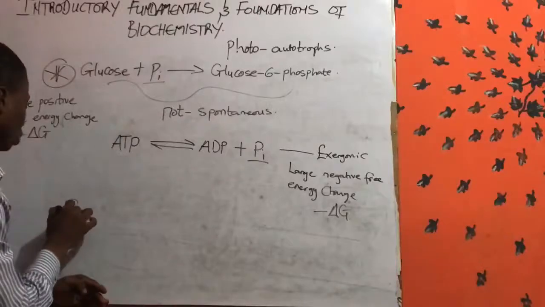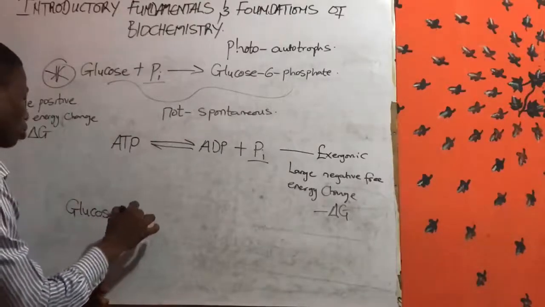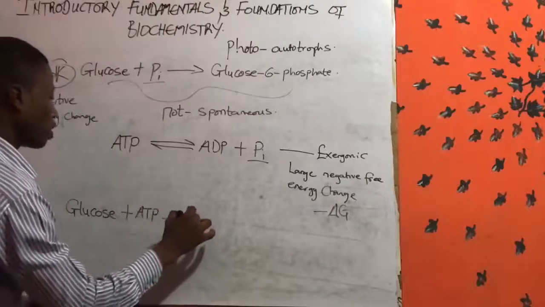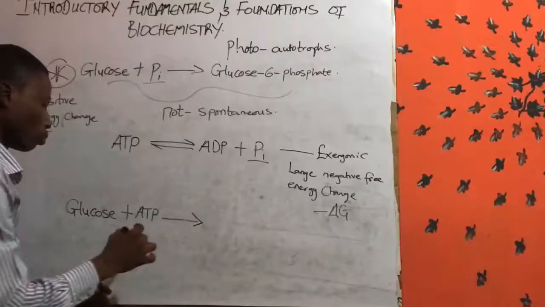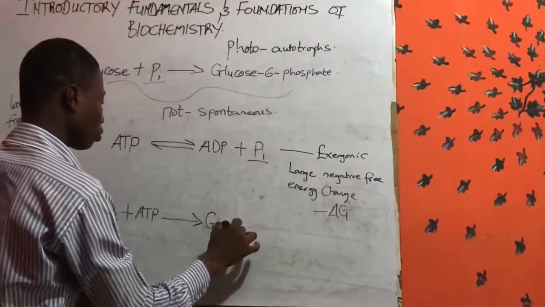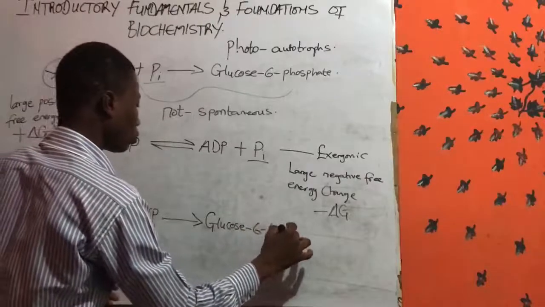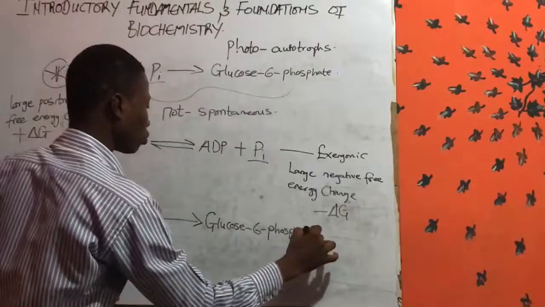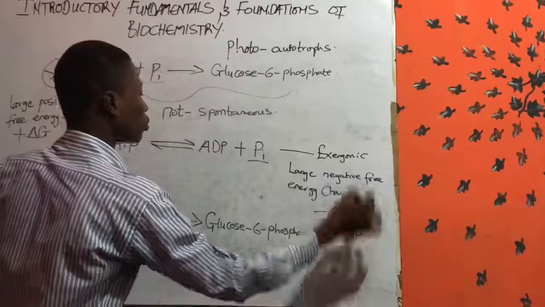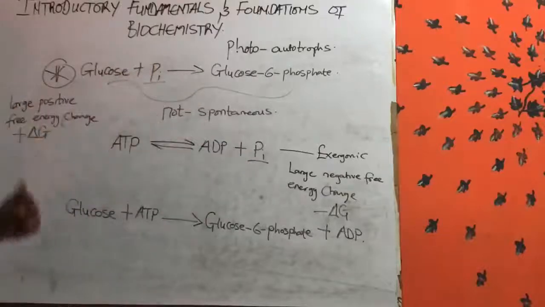I will now have glucose plus ATP to give glucose 6-phosphate plus ADP, now because these two are having the same intermediate.